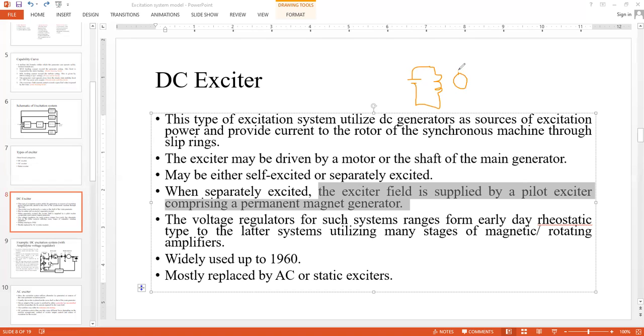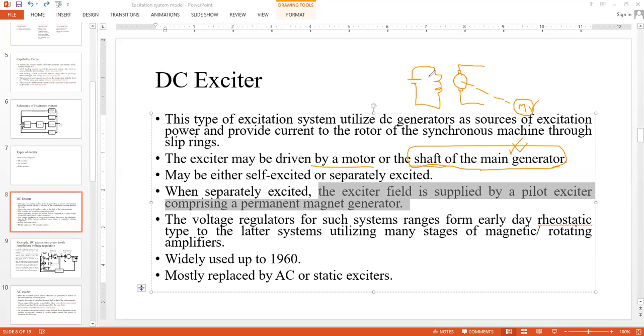And because it is a DC machine, you can simply draw it. This is your armature. And of course, the prime mover, as we said, could be a motor or could be the main generator itself. So the shaft could be coupled to a different motor, as I have drawn here, or it could also be on the shaft of the same machine, the main generator, that is the synchronous machine itself.